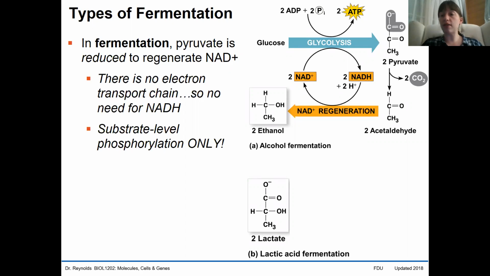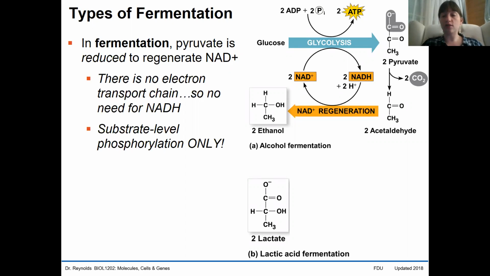Whether we think about the fact that NAD+ needs to be utilized to do something later or not, NAD+ is necessary. The problem is that in the absence of oxygen, there's no use for NADH. Remember, we have no electron transport chain for NADH to donate electrons to. So the entire purpose of fermentation is to take a molecule of NADH and oxidize it back to NAD+.